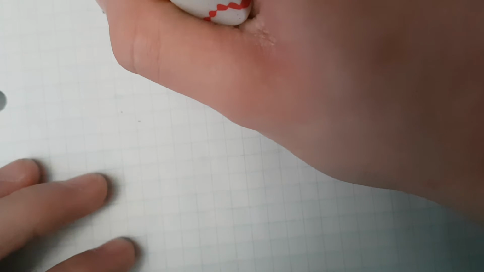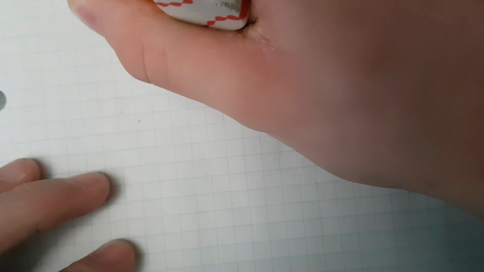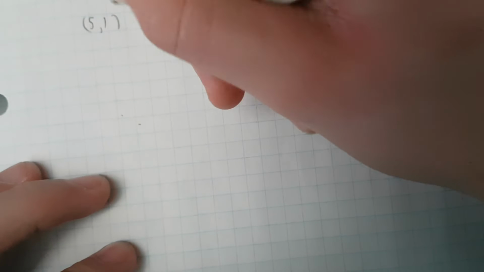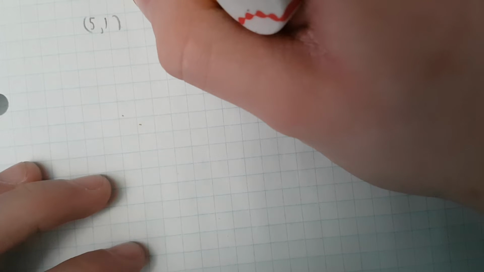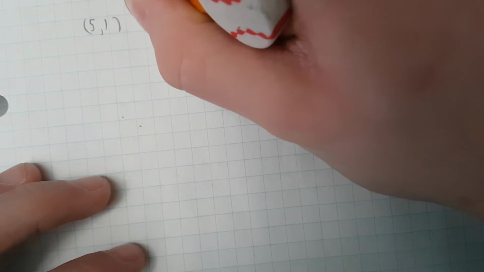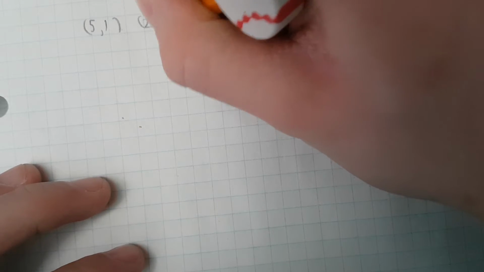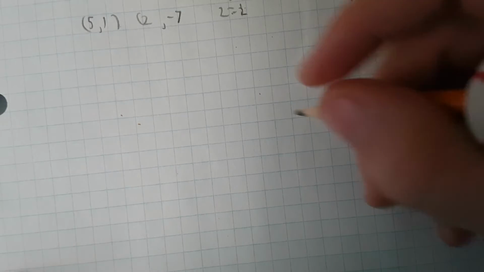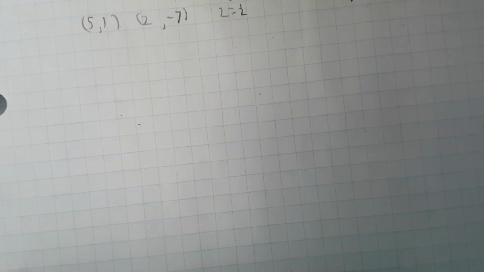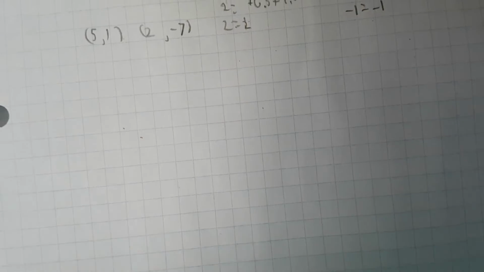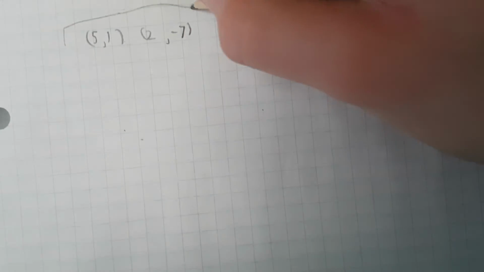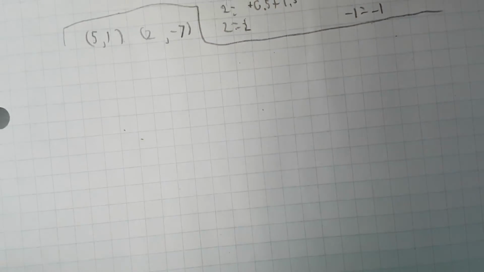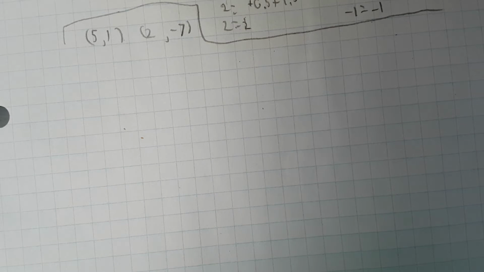So if we say our line passes through point 5, 1, and point 2, -7. I don't know how weird of a line this will give us. If those are our points, we have our x's and our y's.